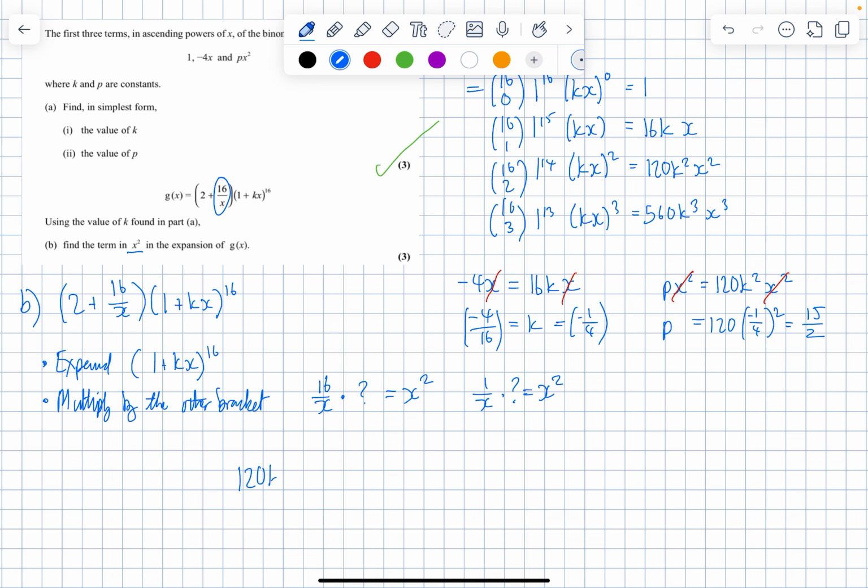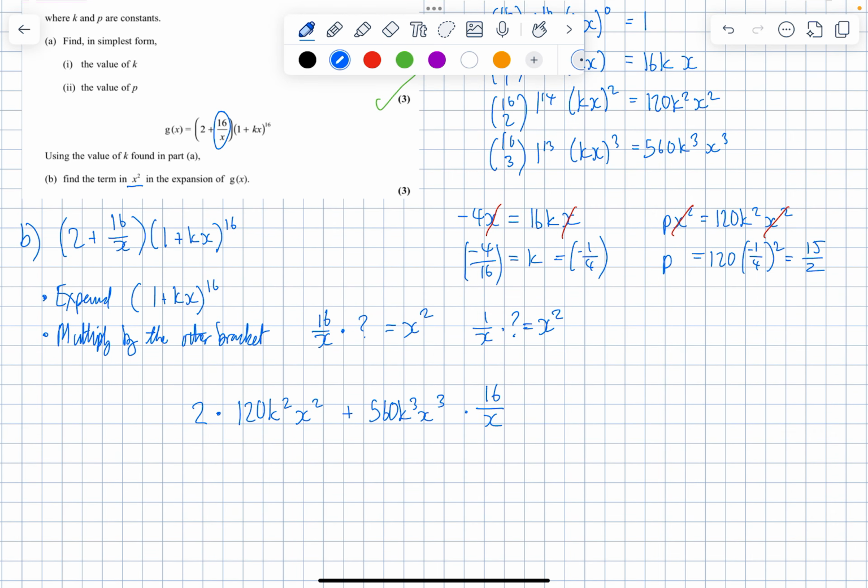So the two terms that I want to look at is I've got 120k squared x squared, and I'm going to multiply that by 2. And then I've got my 560k cubed term, which I'm going to multiply by 16 over x.